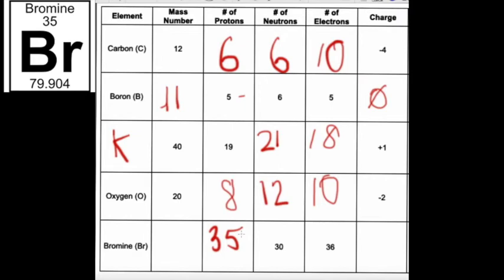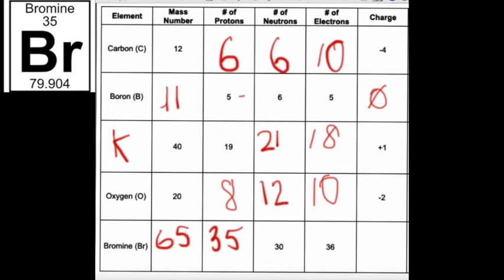Now, it should be easy to figure out its mass number, because its mass number is just going to be 35 plus 30, which we know is 65. Some of you might have put down something like 79 or something like that. The mass number is not the same thing as the atomic weight.